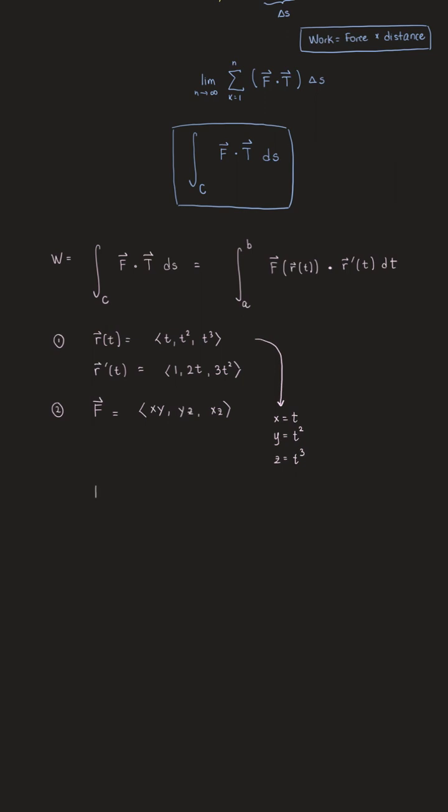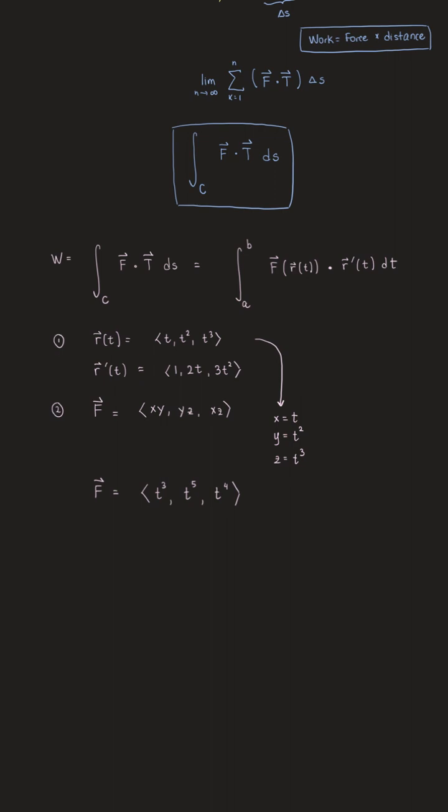So we're going to write the vector field in terms of t by using these expressions for x, y, and z. And so x times y will be t cubed, y times z is t to the 5th, and x times z is t to the 4th. So we now have our vector field in terms of t.